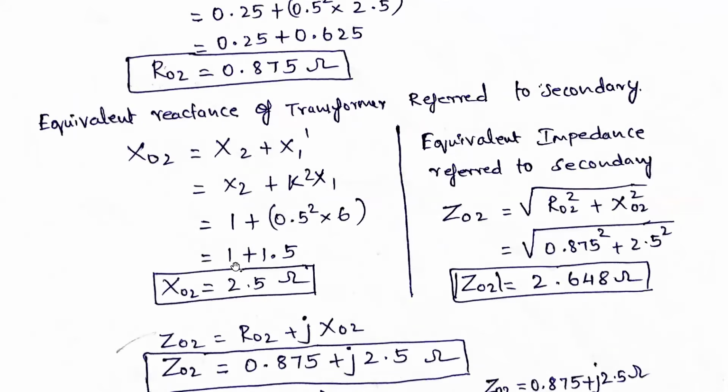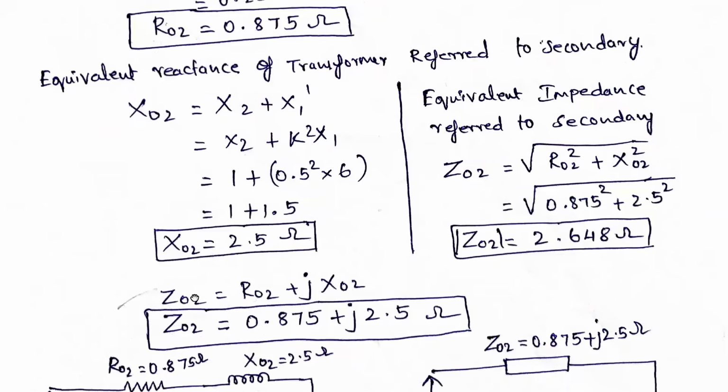We simplify, we'll get 1 plus 1.5, that is 2.5 ohms. Okay, that is X naught 2. So we can even calculate the equivalent impedance referred to secondary, that is, the magnitude alone you can calculate. That is square root of R naught 2 squared plus X naught 2 squared. So if you calculate this one, you'll get 2.648 ohms.